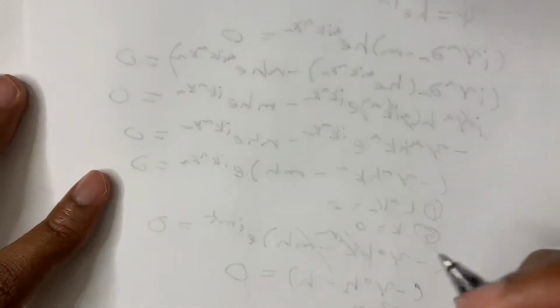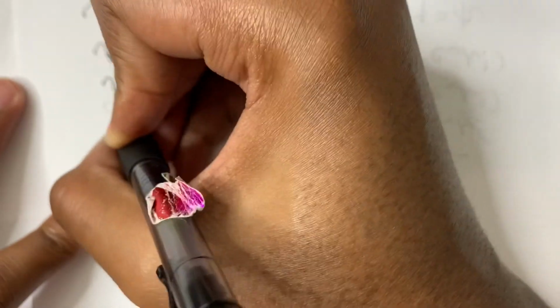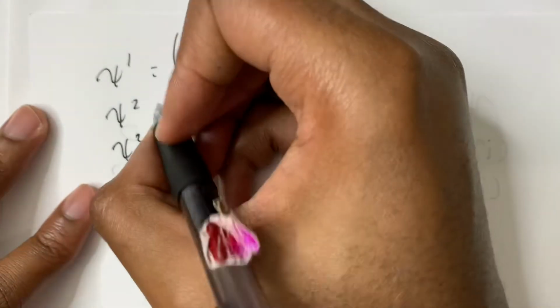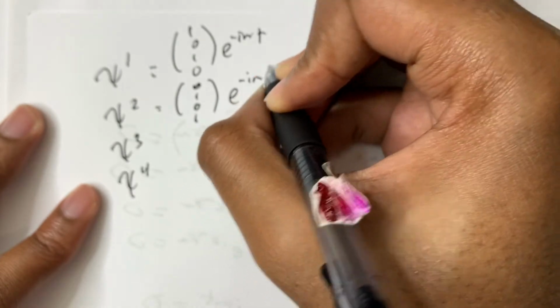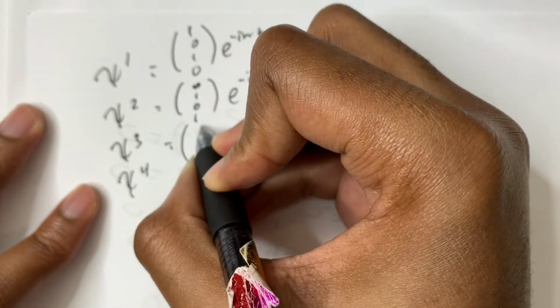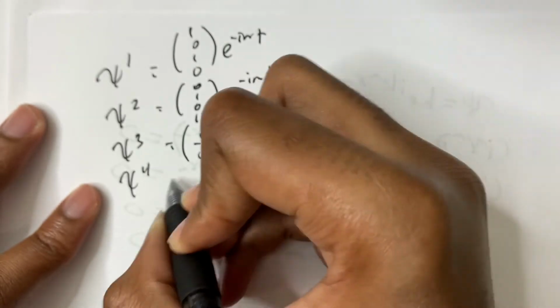What we can do now is write all of the solutions that we have. So we have (1, 0, 1, 0) e to the minus imt. We have (0, 1, 0, 1) e to the minus imt. We have (1, 0, minus 1, 0) e to the imt.